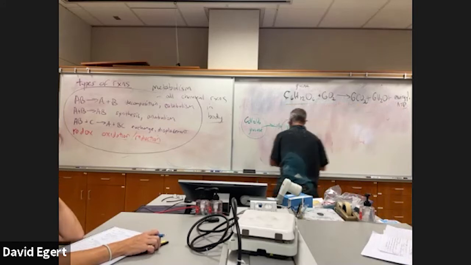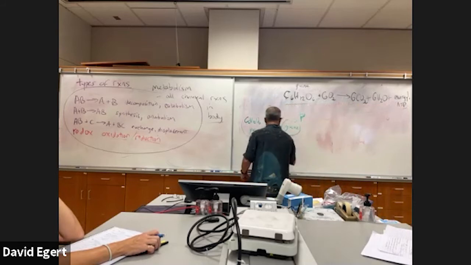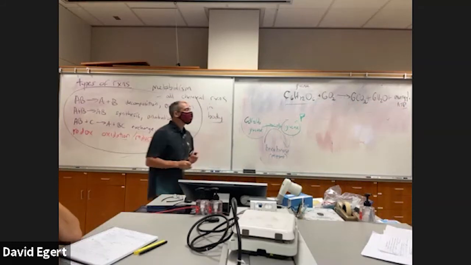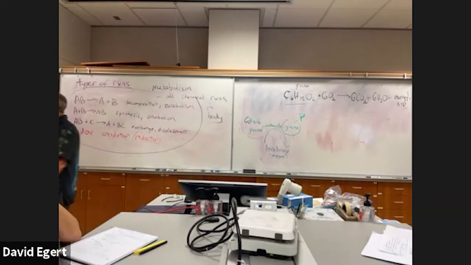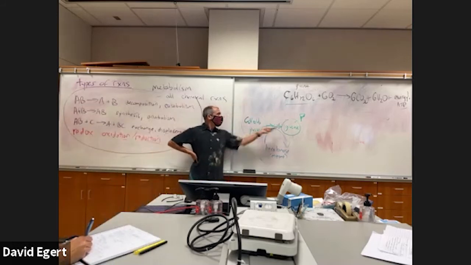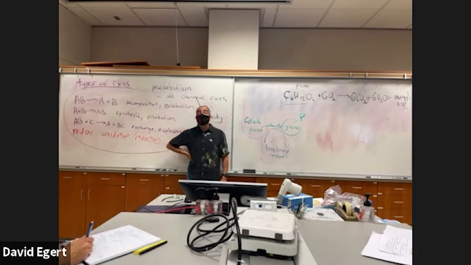We're going to use a kinase, which just means an enzyme that phosphorylates a 6-carbon sugar. So the first step is making phosphorylated glucose.